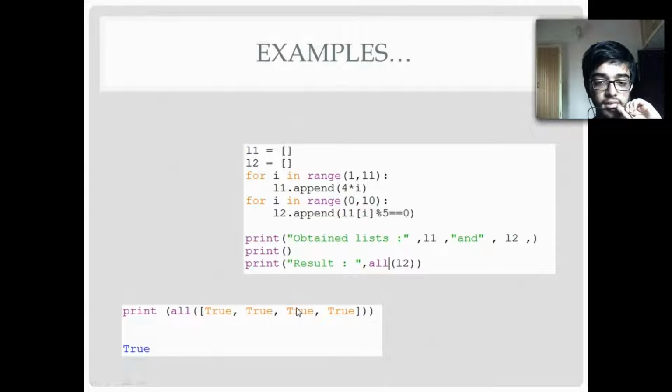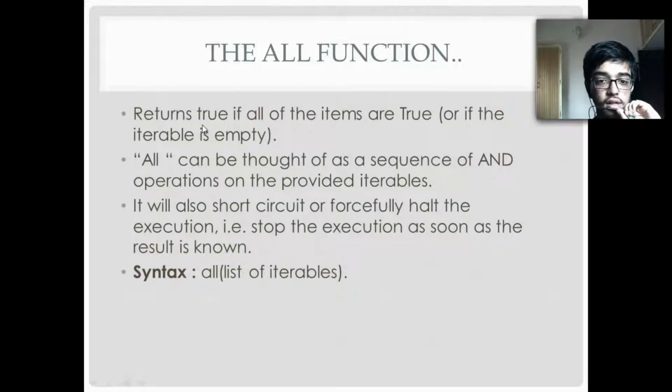Since all the passed values are true conditions, the output printed will be True. Here's what I said: it will return True if all of the items are true or if the iterable is empty.